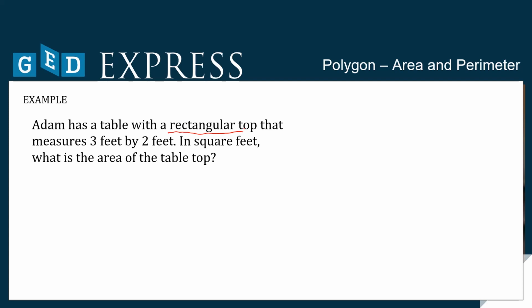What is the formula for finding the area of a rectangle? Area is equal to length times the width. The length is 3 feet times 2, the width. So we have 6 feet squared. So the area is 6 square feet.